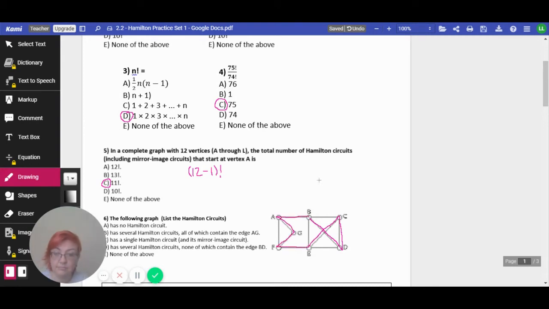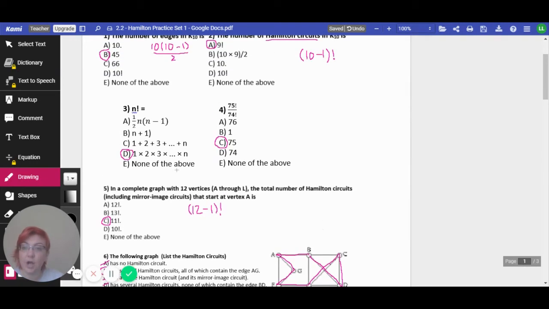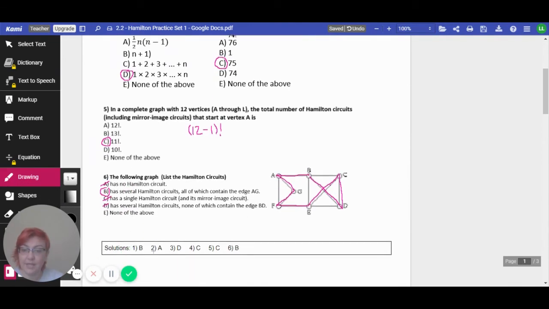Yeah, I can get BD, so it's not D. It's not a single one. It's not no. But every single one is going to have to contain AG, and it's going to have to contain FG because those are the only two ways to get to G. So our answers are B, A, D, C, C, B. Right on. Let's go to the next page.